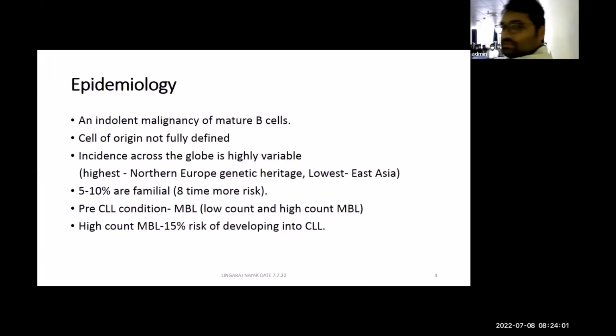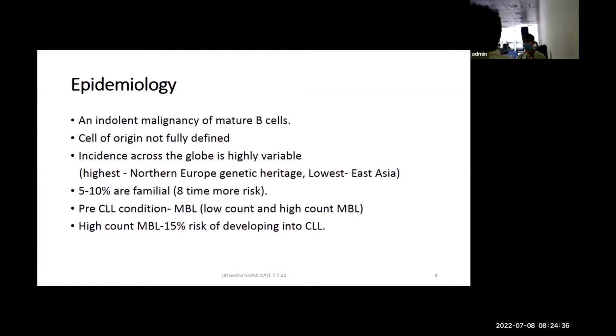Okay, so now coming to the epidemiology, it's an indolent malignancy of mature B cells, and the cell of origin is not fully defined, unlike other lymphomas, where it is quite defined now which are the cells of origin for various lymphomas.